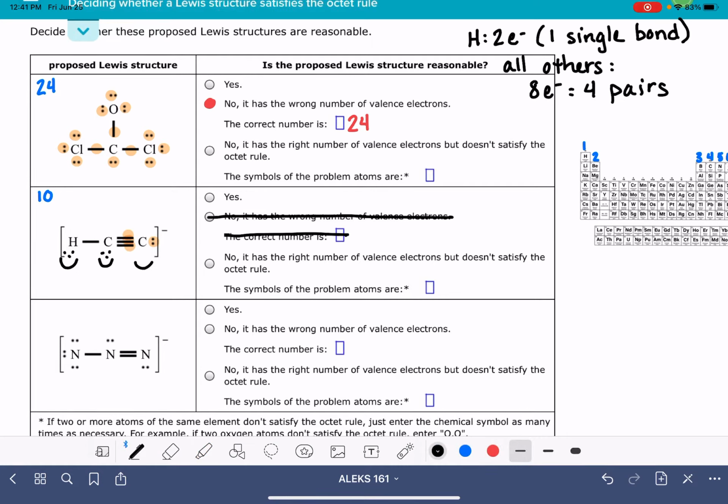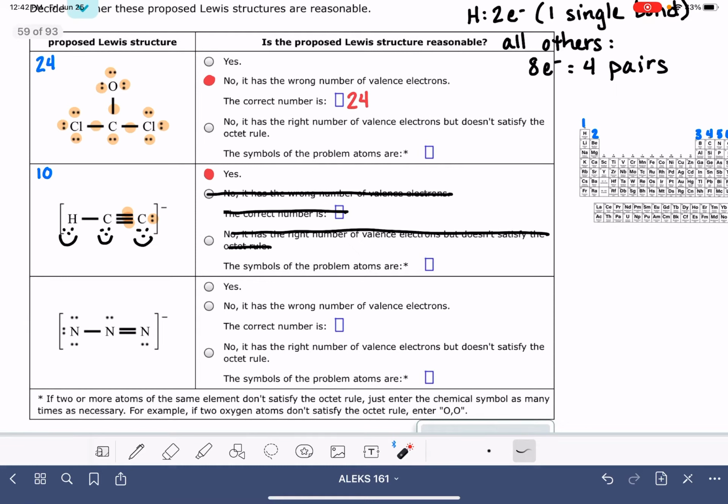So this carbon atom is also happy. All of the atoms have the octet rule satisfied, which means that this is the correct structure. Everything looks good here. And just to clarify, every bond, every line represents 2 electrons. So if you have a total of 3 lines, that would represent 6 electrons, 2 electrons per line.